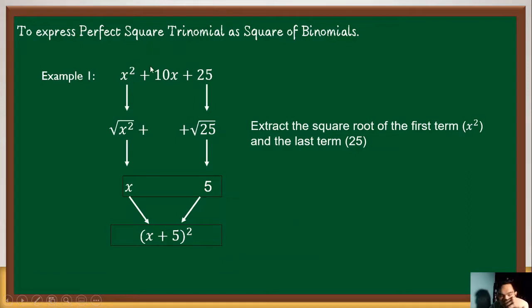Since ang middle term natin dito is plus 10x, then ang gagamitin natin ng operation for binomial is plus. Then maglagay ng exponent sa labas ng parentheses. Okay? So, the square of binomial of the perfect square trinomial x squared plus 10x plus 25 is x plus 5 quantity square. I hope sana nakuha.